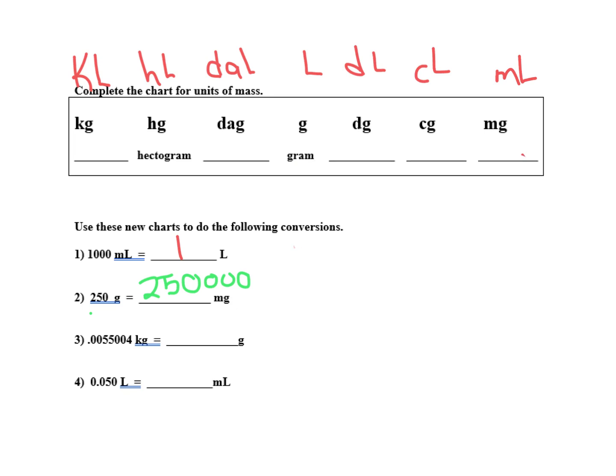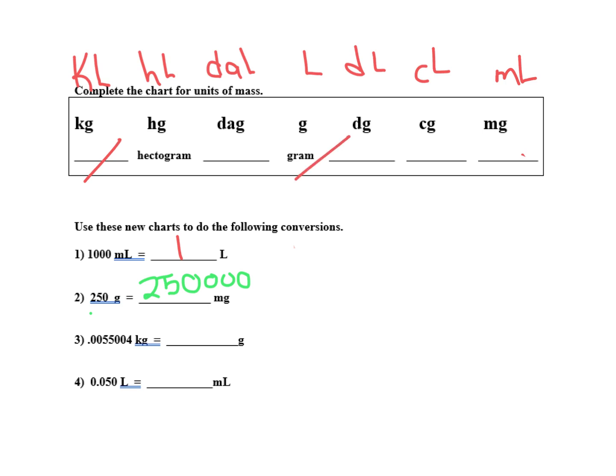And now we have 0.055004. And we're at kilograms, and we're going to move it to grams.